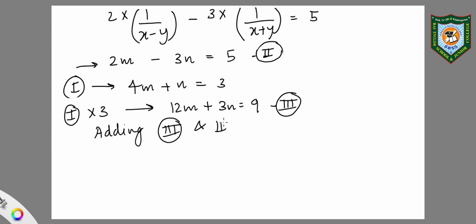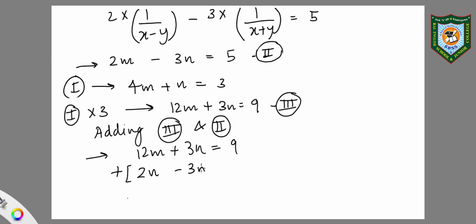This gives me 12m plus 3n is equals to 9, plus 2m minus 3n is equals to 5.